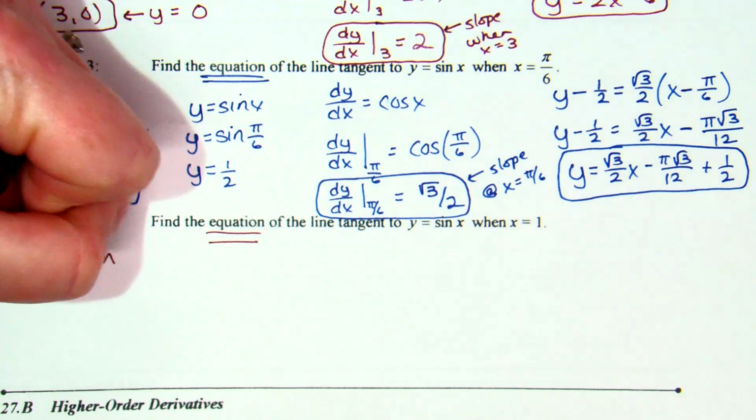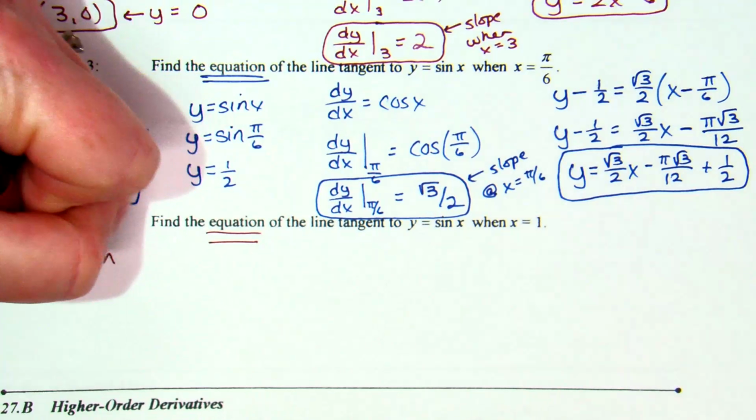If I start with the point on the line at x equals 1, what do I know about my ordered pair without doing any math? Yeah, 1 comma something. How do I find my something?